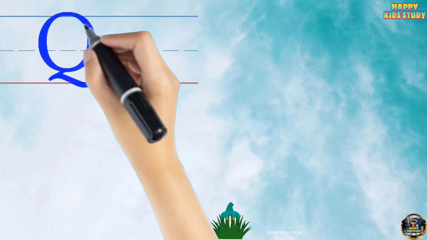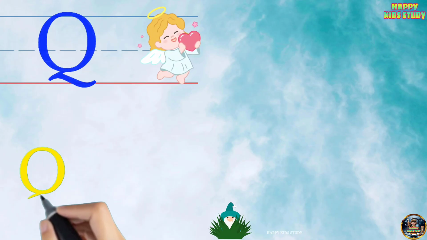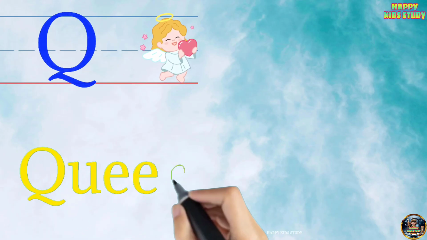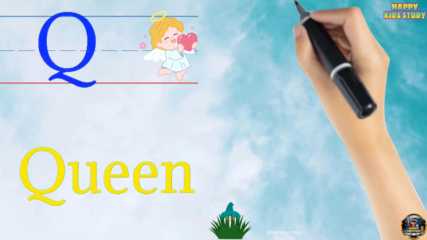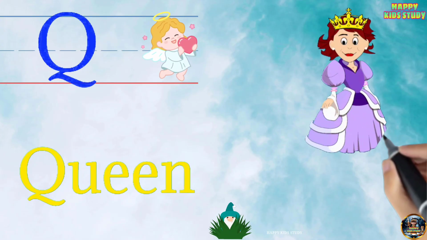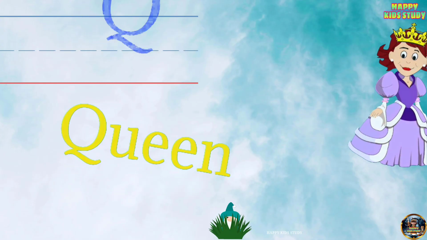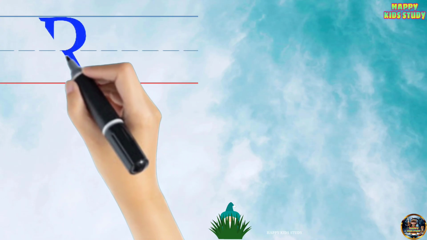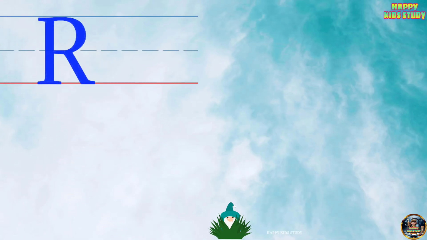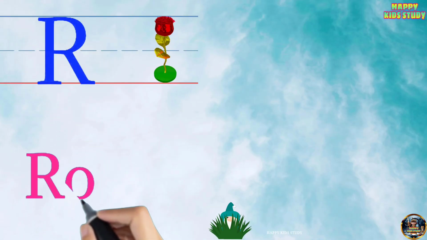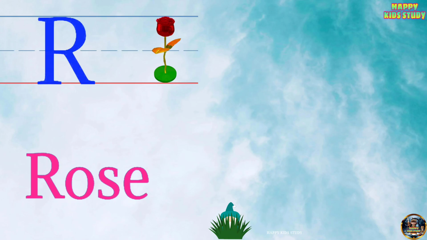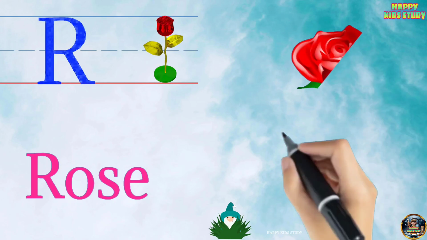Q. Q for queen. Queen means Rani. R. R for rose. Rose means gulab.